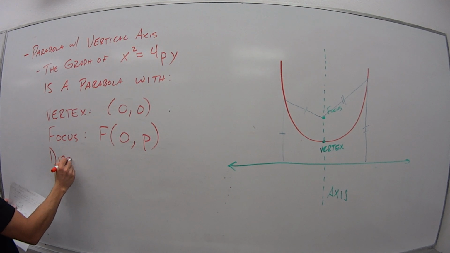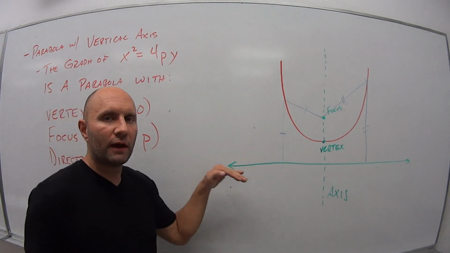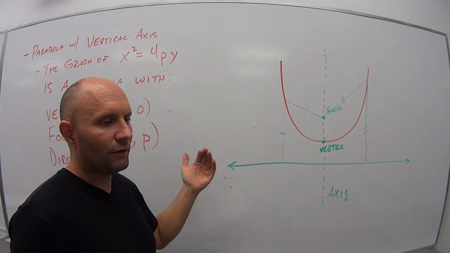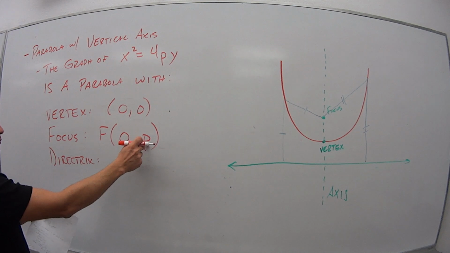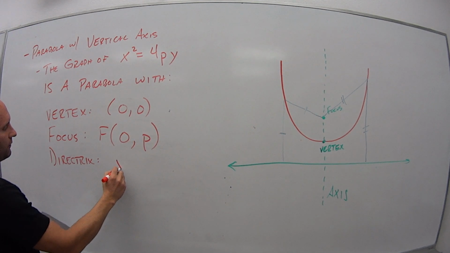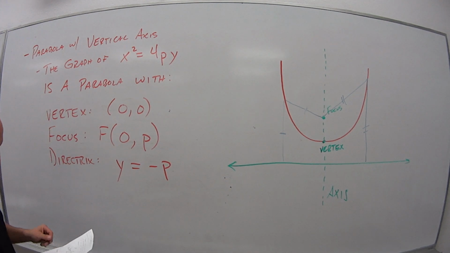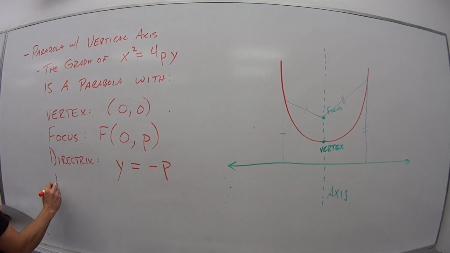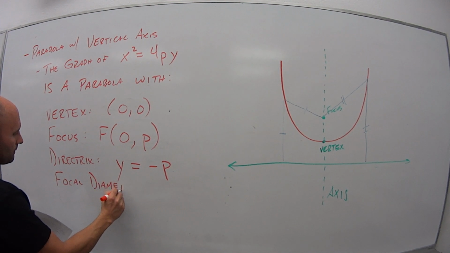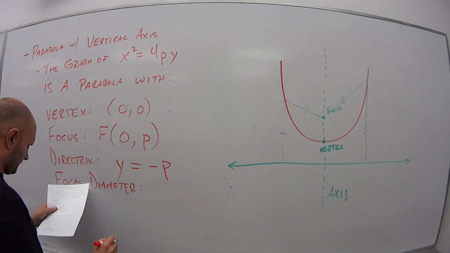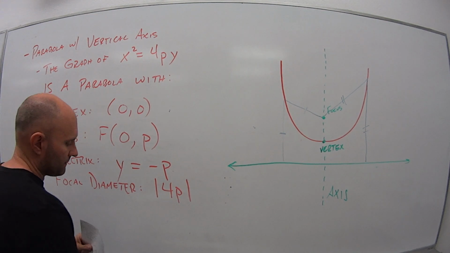It has a directrix with equation, what? Well, for a horizontal line, our equation is always y equals a. But in this case, because we're p units away from the vertex, the directrix has the equation y is equal to minus p. And then the focal diameter is the absolute value of 4p.